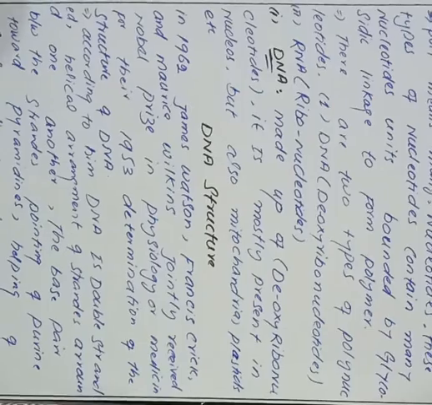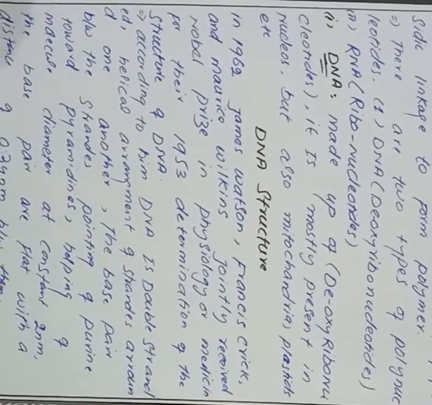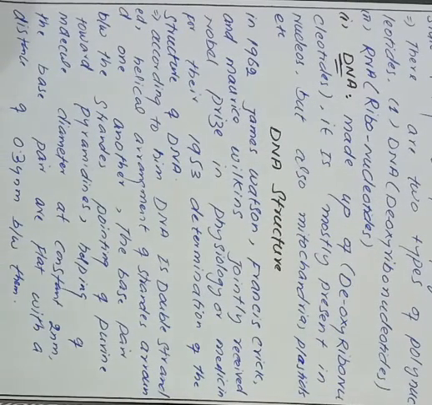Here we discuss the structure of the DNA molecule in detail. In 1962, James Watson, Francis Crick, and Maurice Wilkins jointly received the Nobel Prize in Physiology and Medicine for their determination of the structure of DNA in 1953.